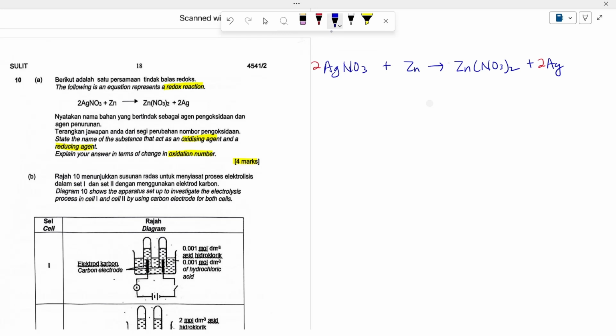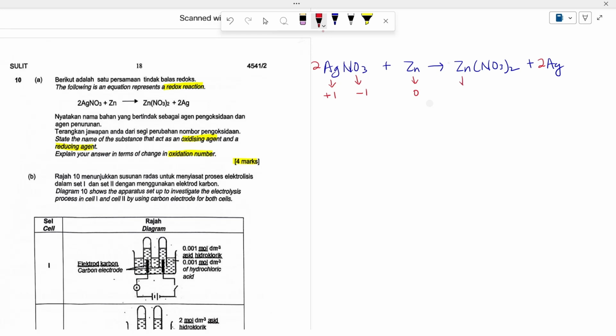First we look into the silver nitrate. The oxidation number of silver here is positive 1. Nitrate we assume is charge negative 1. Zinc is a metal, so its oxidation number is 0.